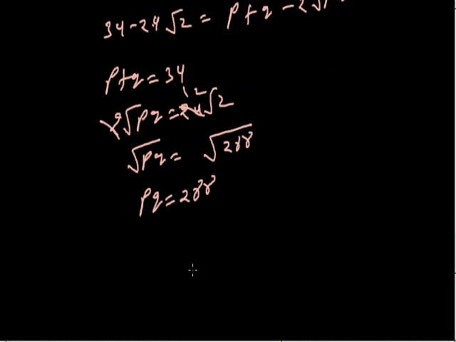Now we can form a quadratic equation. p plus q is equal to 34 and pq is equal to 288.